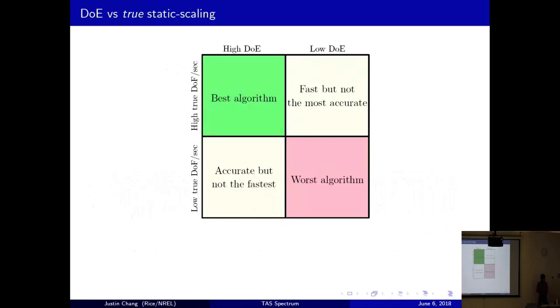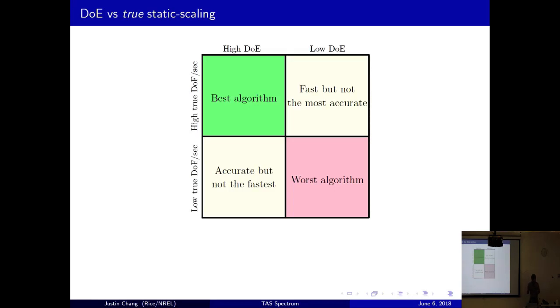But if you decide to do both digits of efficacy and true static scaling, you want to understand what these different metrics mean. If you have a really high digits of efficacy and high true static scaling, then that's a great algorithm. Likewise, if you have low numbers for both, then that's bad.